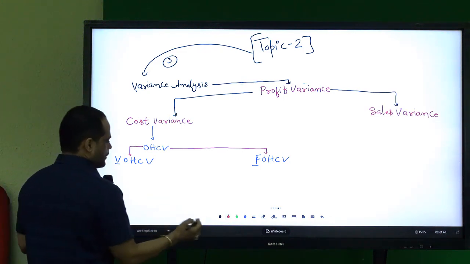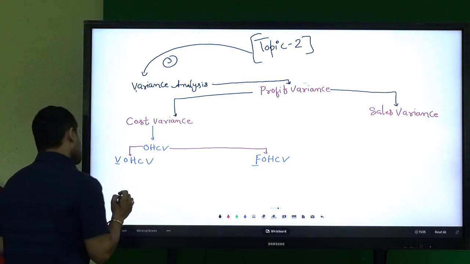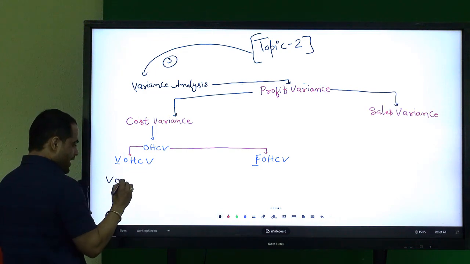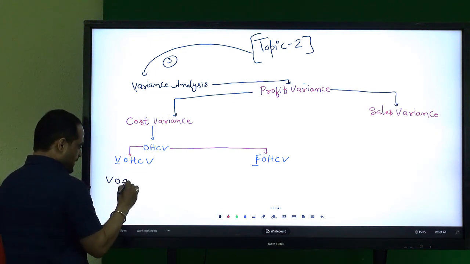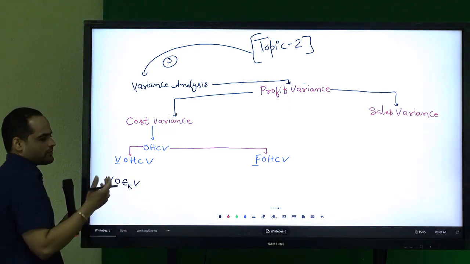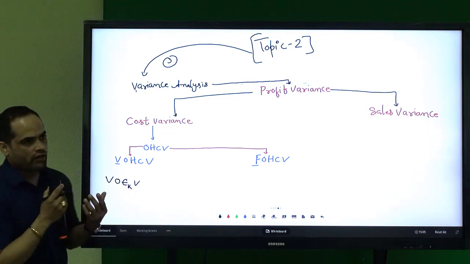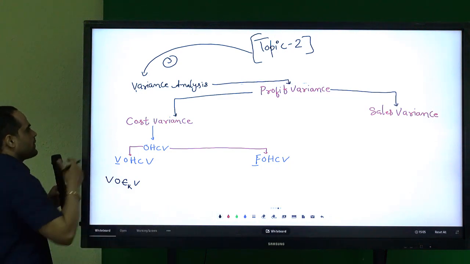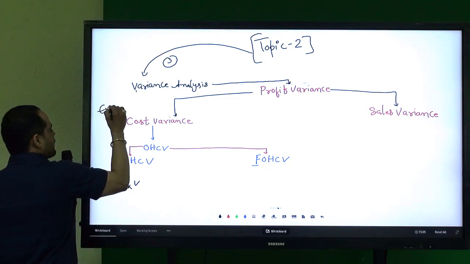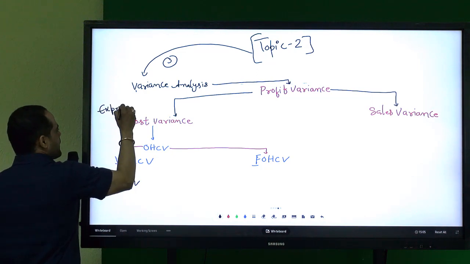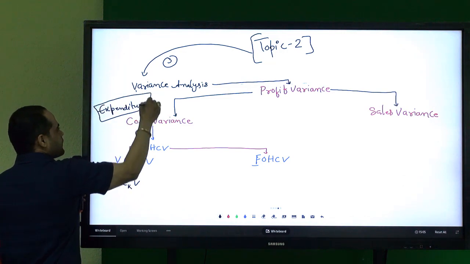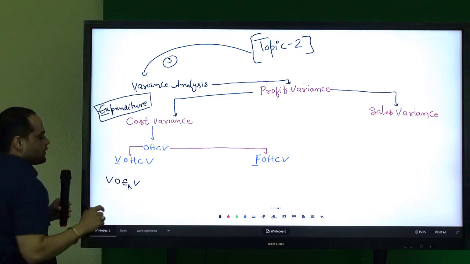The first is variable overhead expenditure variance, or sometimes we call it variable overhead spending variance. Expenditure means spend. EX stands for expenditure.